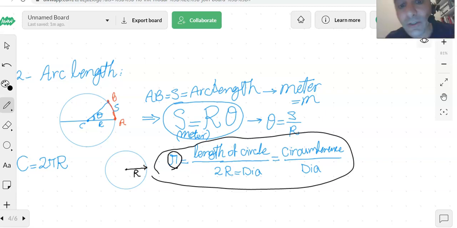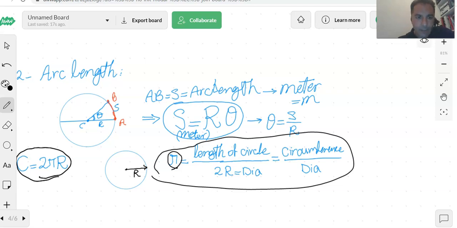It will give you one constant value. This works for any kind of circle, small circle or big circle. That is constant. So pi is this. So what is the circumference of a circle? C equals 2 pi r.